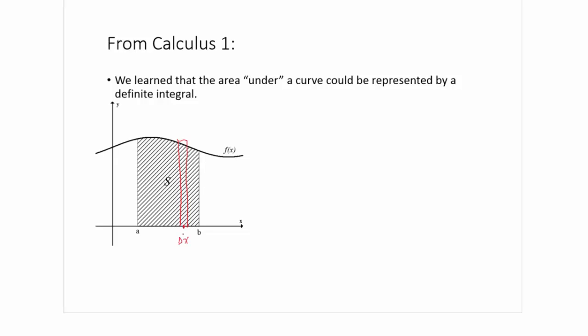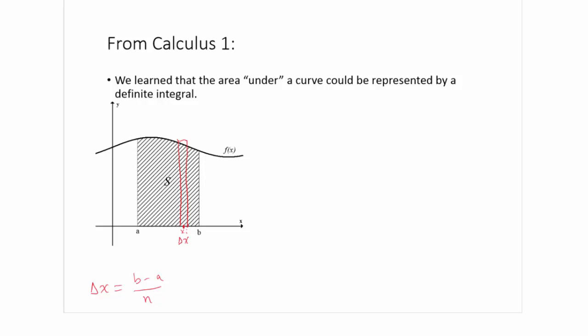We called that sample point x sub i. And delta x could be thought of as b minus a divided by n, where n was the number of partitions that we were going to use.